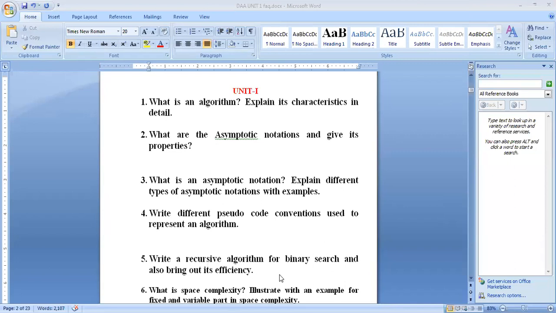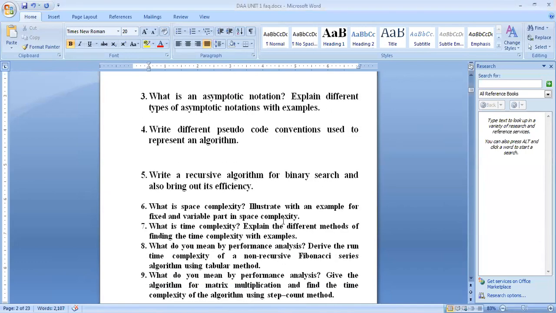And write a recursive algorithm for binary search and also bring out the efficiency of this recursive binary search algorithm.